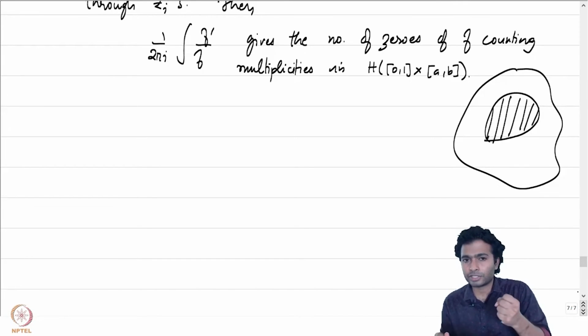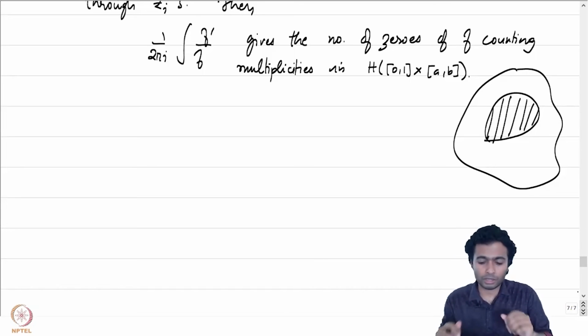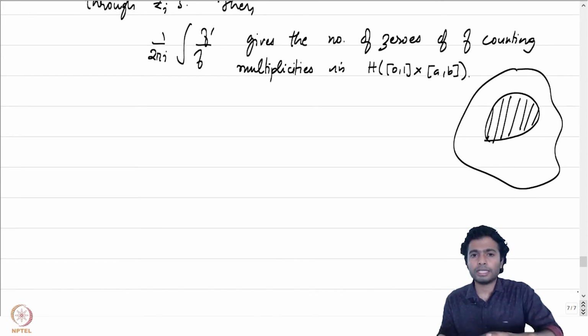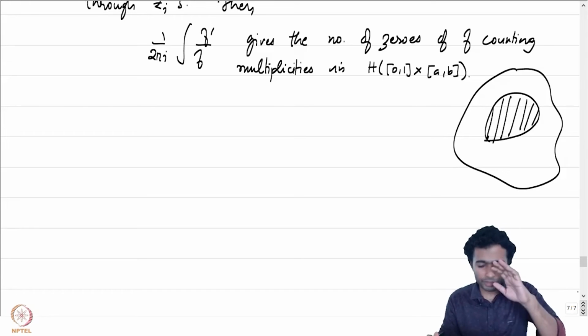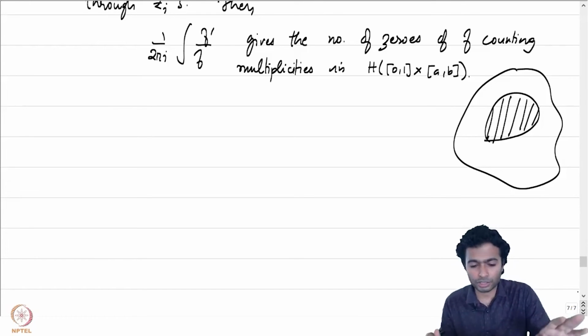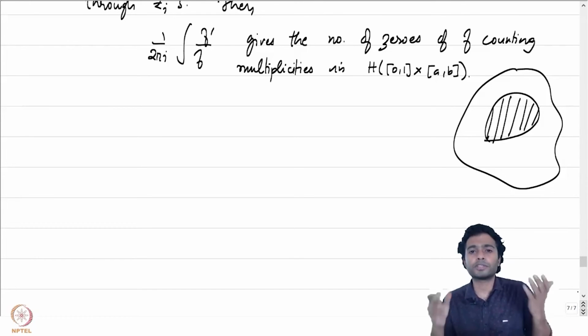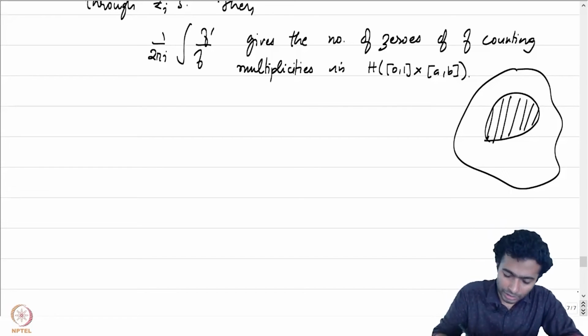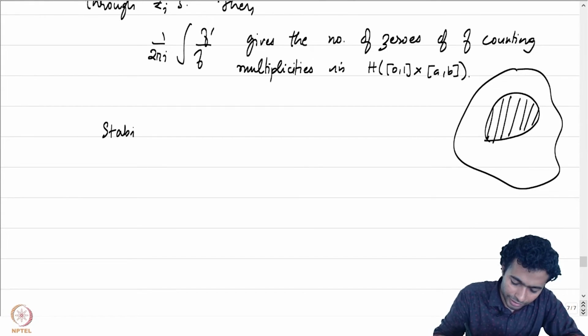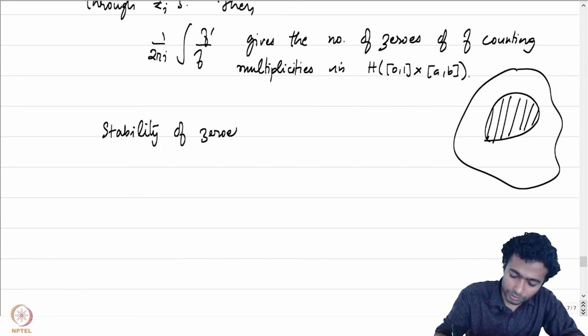If we perturb our holomorphic functions a bit, I will tell exactly what that means, then the difference of the zeros and the poles will not change. If you are focusing just on holomorphic functions and not bothering about meromorphic functions, the number of zeros will not change if you change the function a bit. So, that is the next observation, which is going to be about the stability of the zeros.